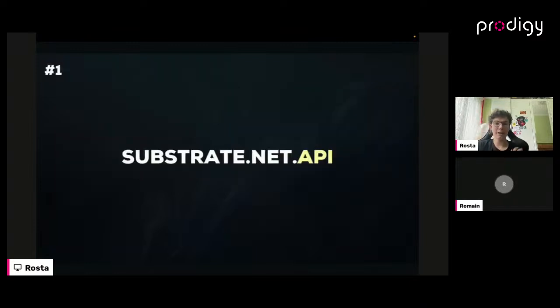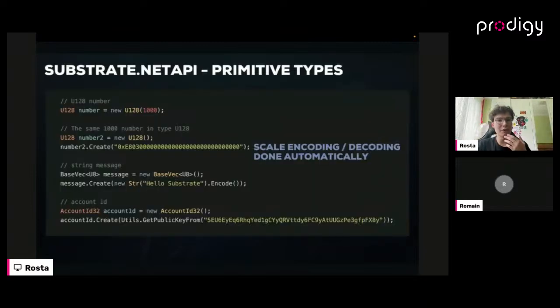Okay, so the first thing that you will get is the Substrate Net API. This is the base of this Polkadot Unity SDK. Firstly, it will give you all of the primary types that are present on the Substrate chain. Essentially, it's all of the primary types that are present in the Rust programming language and also in Substrate.